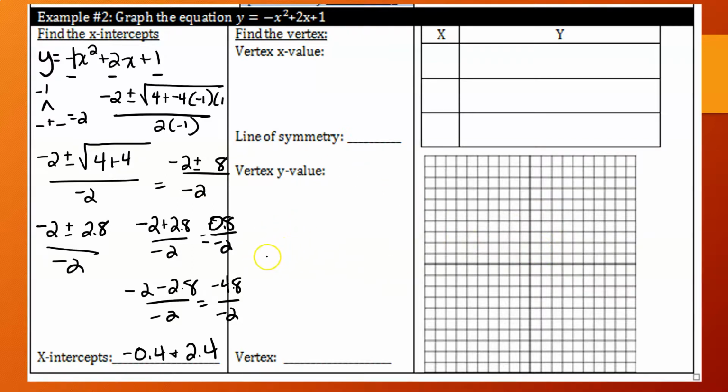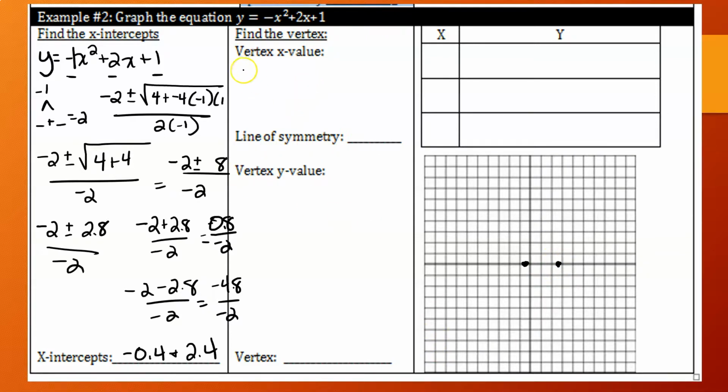It's okay for these not to be whole numbers. What we have to do is just estimate where they will go. So that's -0.4, right about there. Positive 2.4 is going to be halfway in between 2 and 3, so that's 1, 2, and halfway in between 2 and 3 is right there.